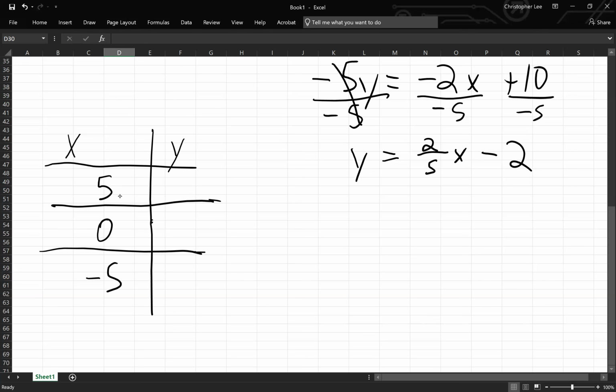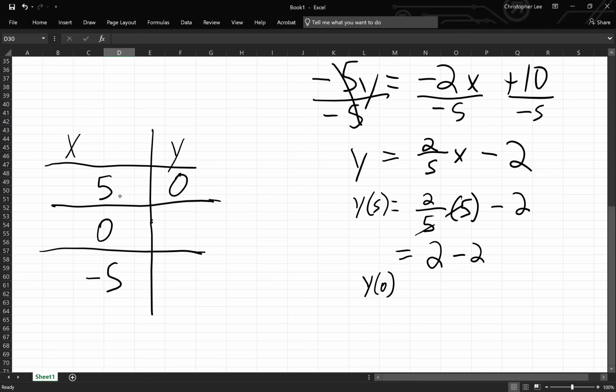All you have to do is just plug it in. So y of 5 would be 2 over 5 times 5 minus 2. You already know the 5s will cancel. This becomes just 2 minus 2, call that 0. Plugging in 0, anything times 0 is 0, so 2 over 5 times 0 minus 2 is just 0 minus 2, call that minus 2.